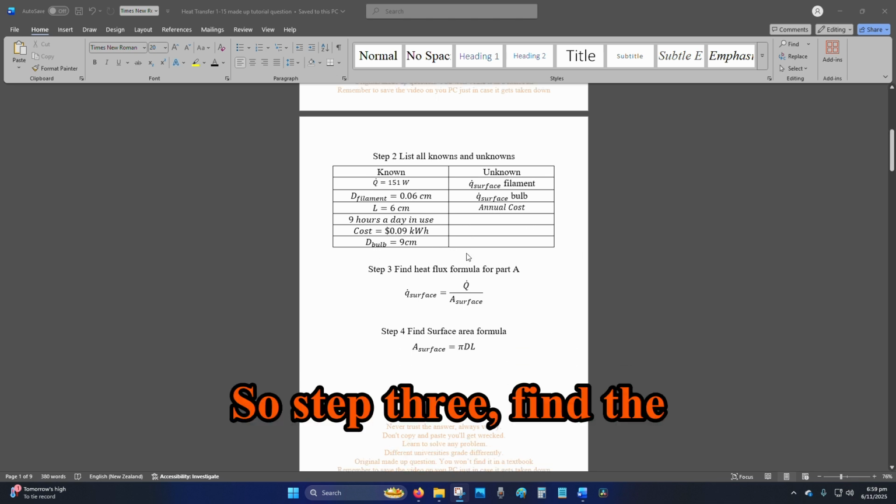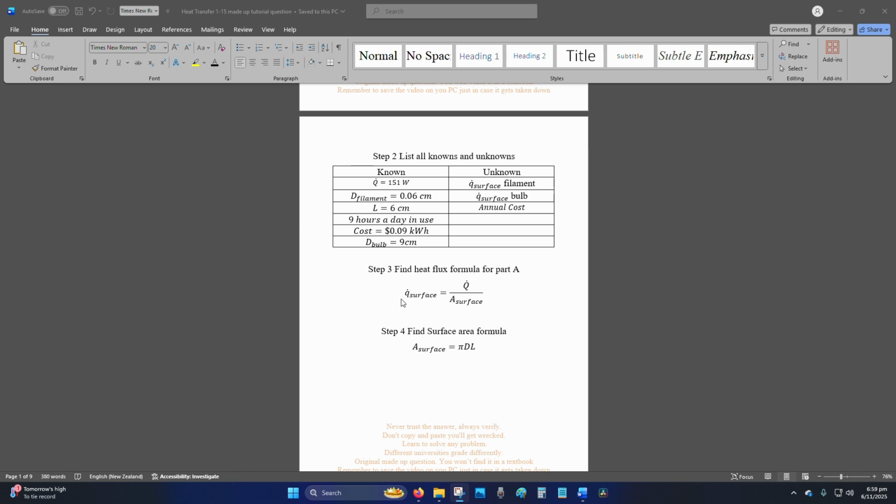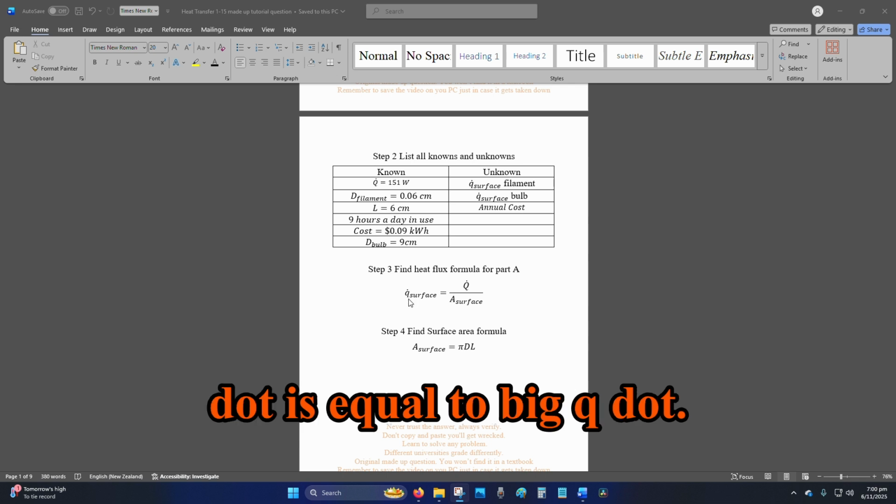So step 3, find the heat flux formula for part A. So this is heat flux, which is little q dot, is equal to big Q dot.